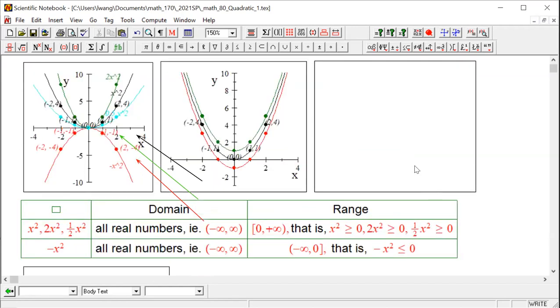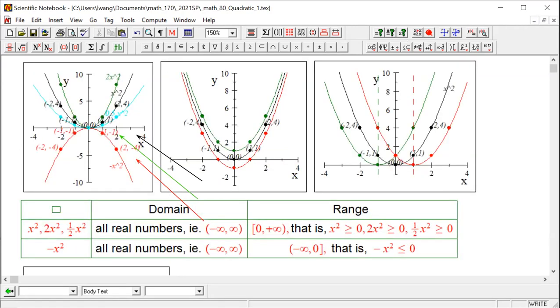For other functions, suppose I do 3x squared, 1/3 x squared, 5x squared, or 1/4 x squared, the domain and range will stay the same.